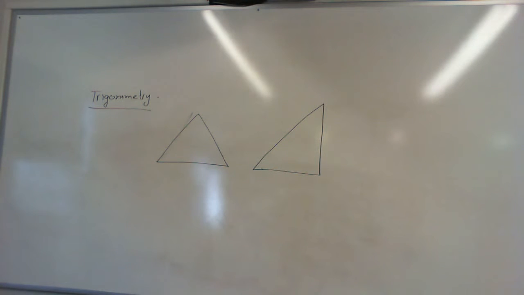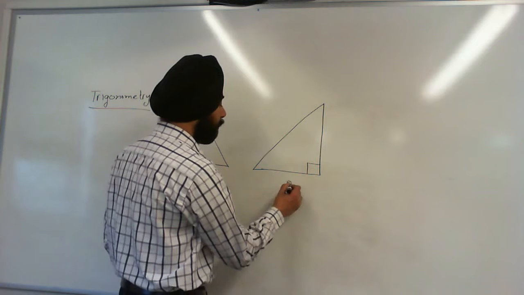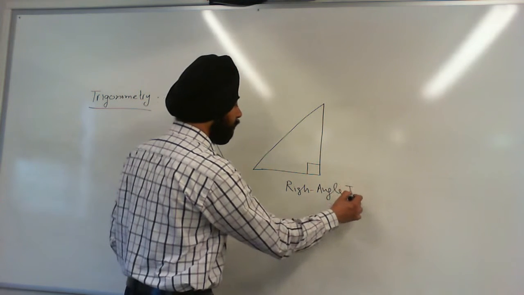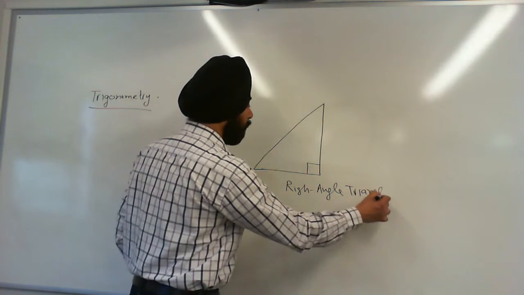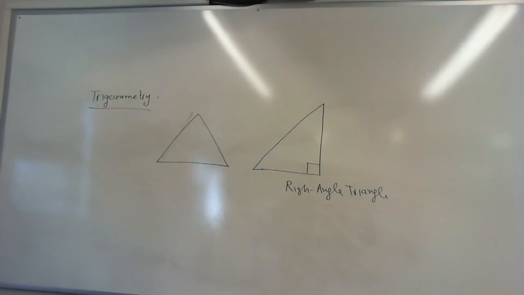One of them is right angle. Yeah, this one is right angle because this angle is 90 degree. So this type of triangle is the right angle triangle. And what is this? Non-right angle triangle, you can say.